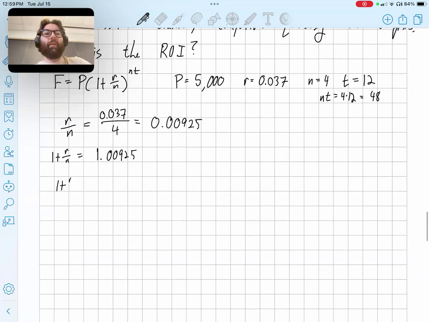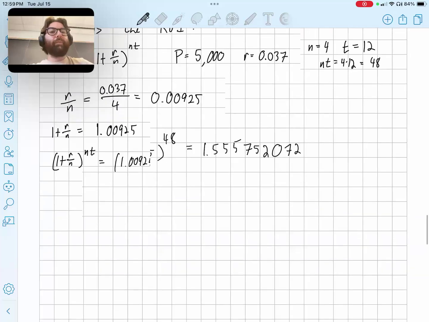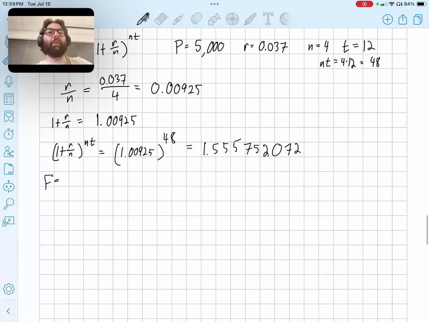Now 1 plus R over N to the N times T is 1.00925 to the 48th power. So putting this into my calculator, we get 1.555752072.